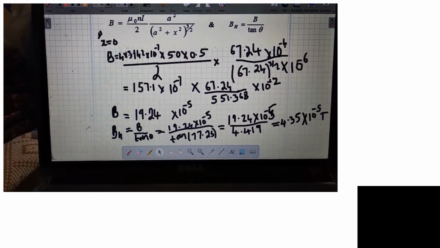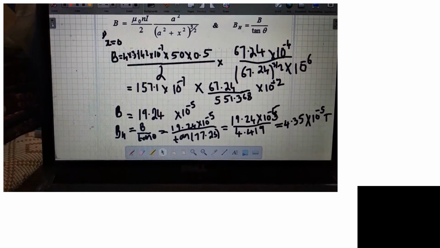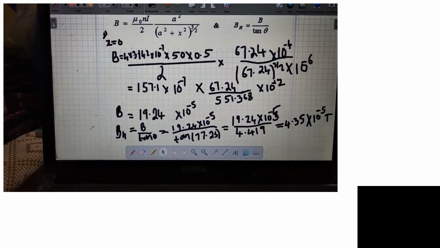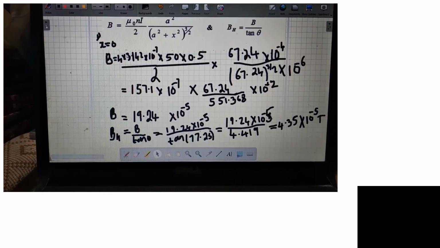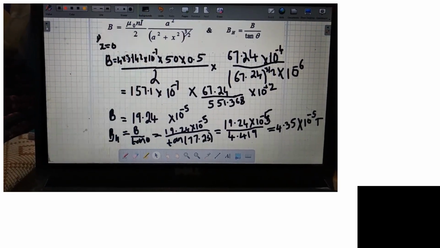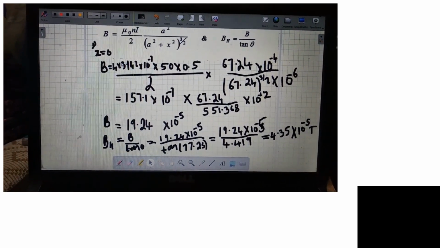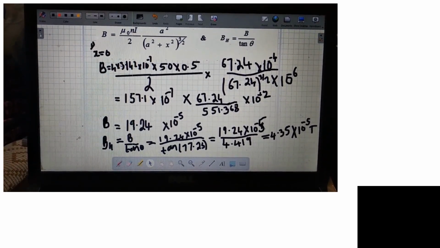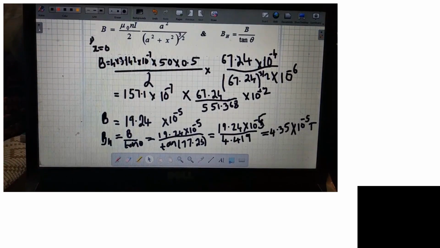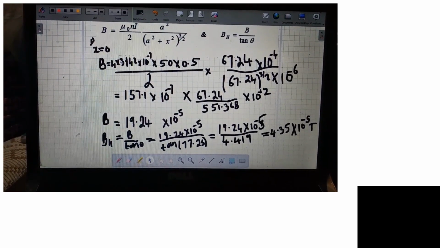N is 50 turns. Current used is 0.5 divided by 2, multiplied by a square. A square is 8.2 square, which comes out to be 67.24, divided by, in this case x is 0, so it is a square to the power of 3 by 2.